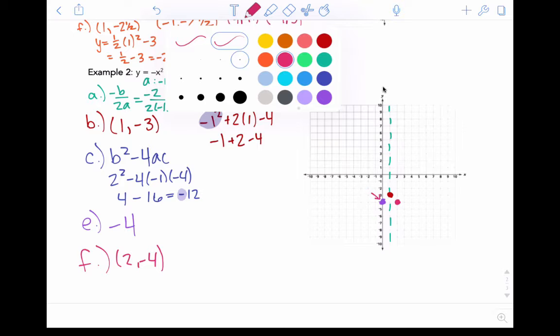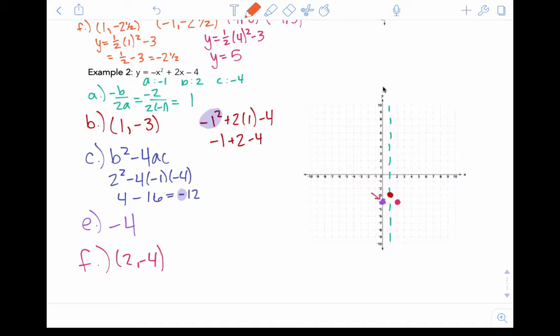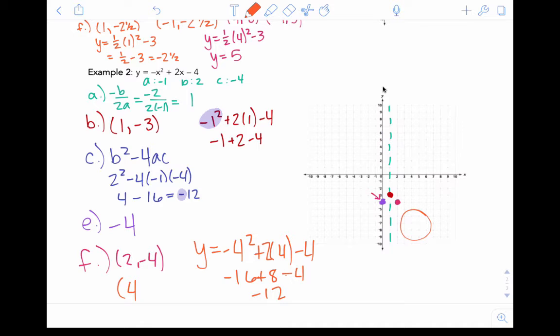I need another one. I'm still not sure how my graph is going to look down in this area. So I'm going to go ahead and see what this equals when x equals 4. So I'm going to plug 4 in for x. So I have y equals -4 squared plus 2 times 4 minus 4. So I have -16 plus 8 minus 4. So that's -8 minus 4, which is -12.